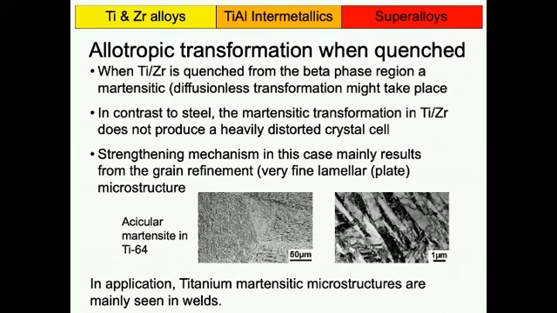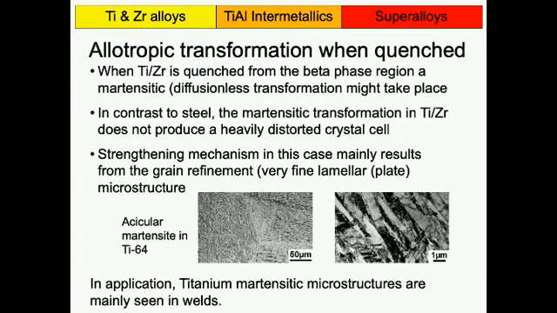It's distorted. Yes, I think that's what you mean. So in steel, when you get martensite, you should get a distorted lattice. So instead of BCC, you actually get BCT, body-centered tetragonal. So it's distorted.